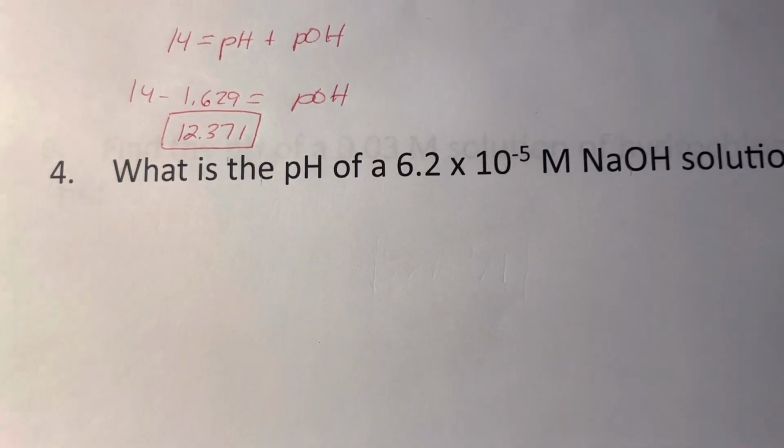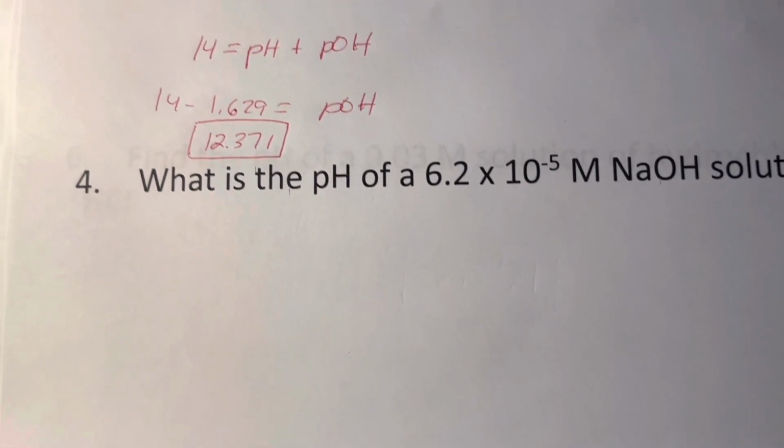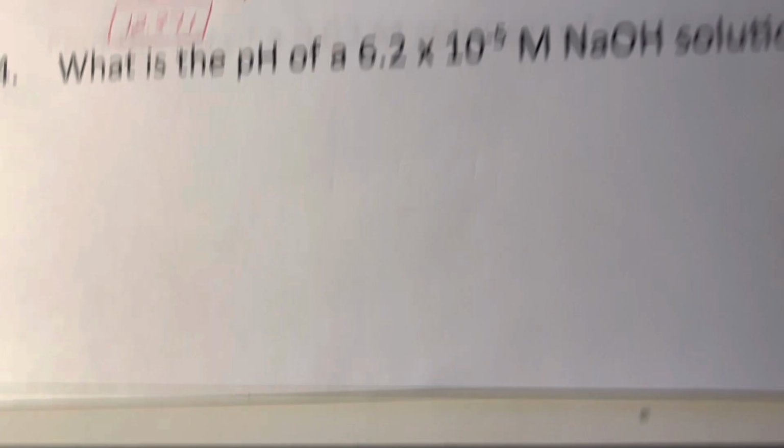What is the pH of a 6.2 times 10 to the negative 5 molar NaOH solution? Notice, pH is related to something that produces hydrogen ions. Here, I don't produce hydrogen ions, I only produce sodium and hydroxide.